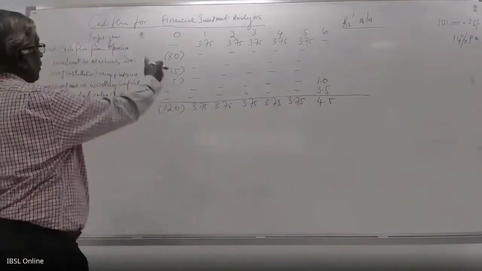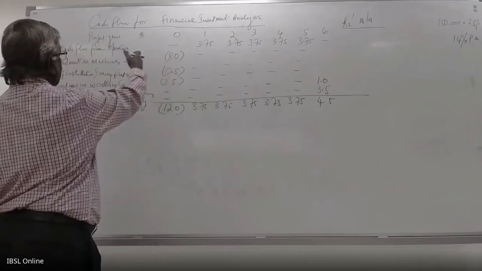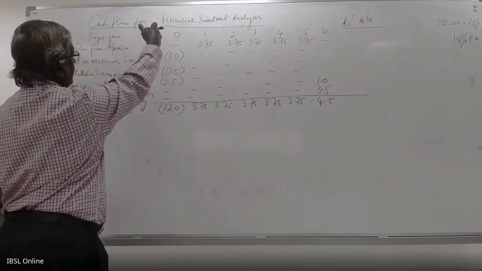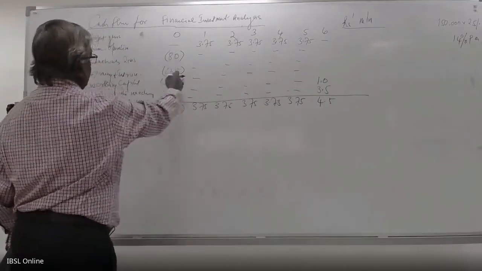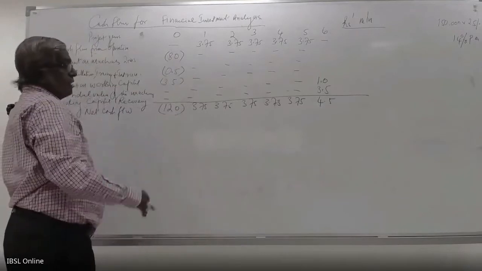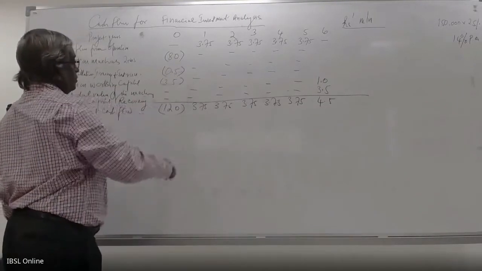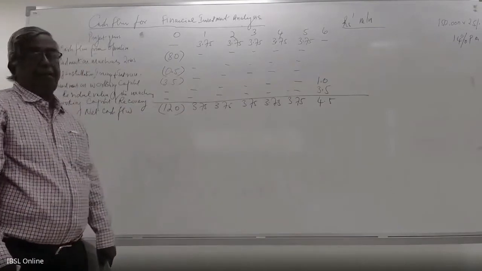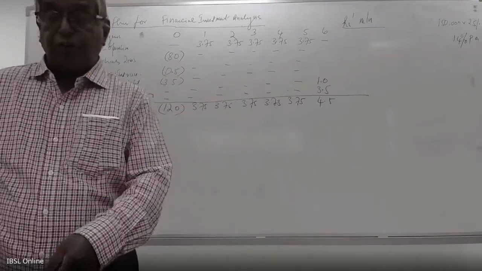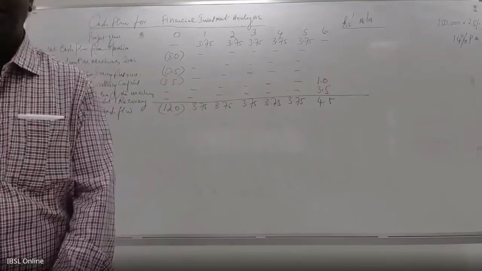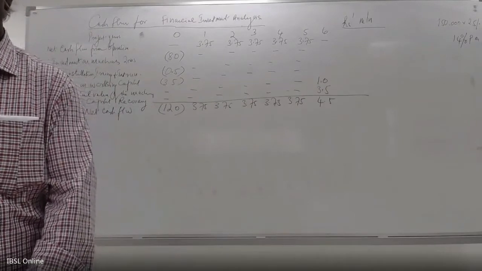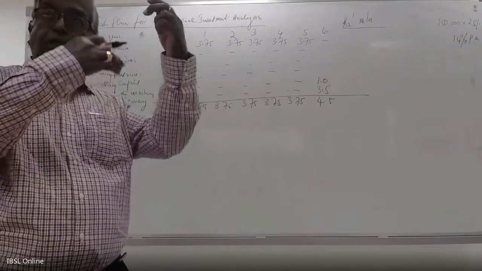Then the investment outflow, 8 million on the machinery. That is during year zero. Then the training of staff, test running, installation charges, 0.5 million, 500,000. Then the working capital. Working capital is also an investment. It's a long-term investment.